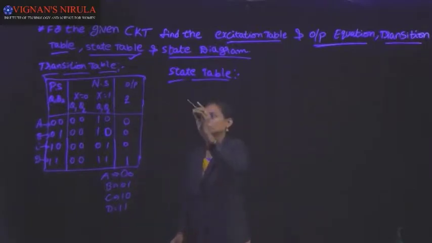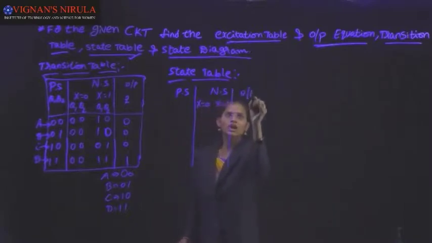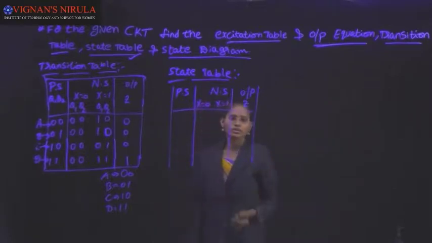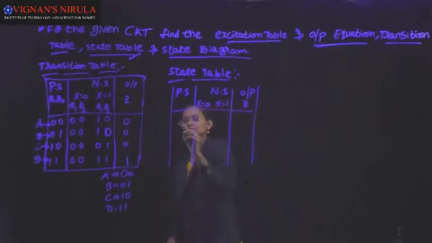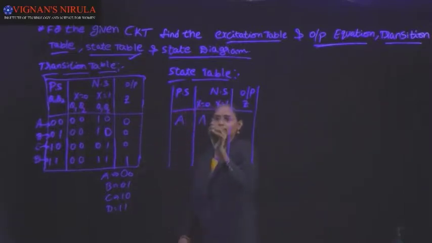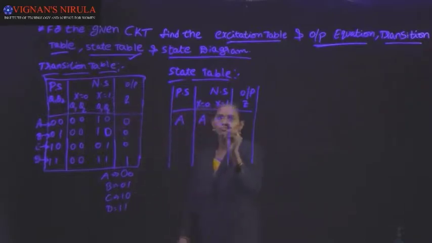Coming to the state table, the first column is the present state, then the next state if x equal to 0 and x equal to 1, and then the output z. In that, 0 0 is A. If x equal to 0, the next state is 0 0, which is A, and if x equal to 1, the next state is 1 0, which is C. The z output is 0. Next, 0 1 is the present state B: next state 0 0 is A, and 1 0 is C, and the output is 0.